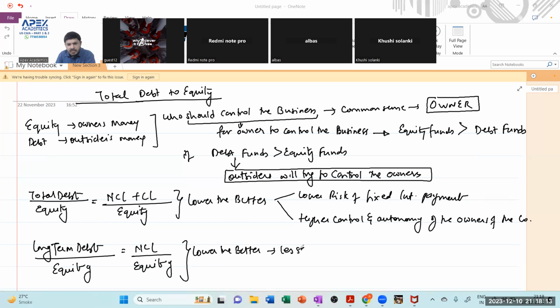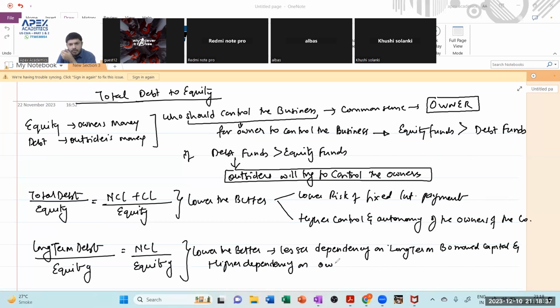Lesser dependency on long-term borrowed capital and higher dependency on owned funds, owner's money.